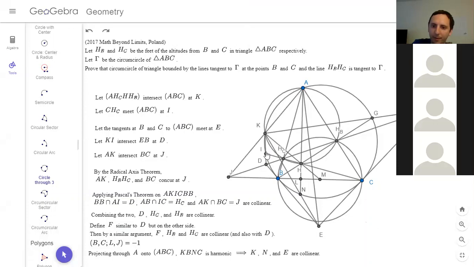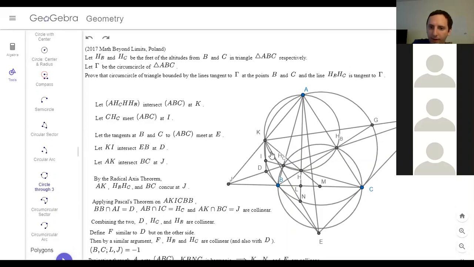Yeah, if IG is parallel to DF, then the homothety would have to take point N to point E, I guess, right? Is that what you're saying? Yeah. Okay. So we need to show IN is parallel to DE.